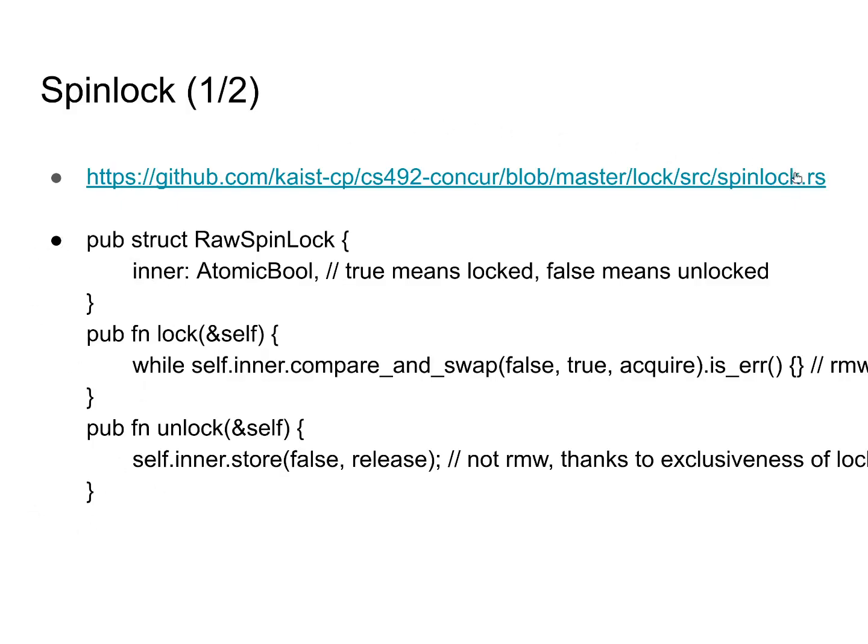To look at every detail of the implementation, please visit this site and read the code. Now let's look at the struct and the lock and unlock functions for a SpinLock.